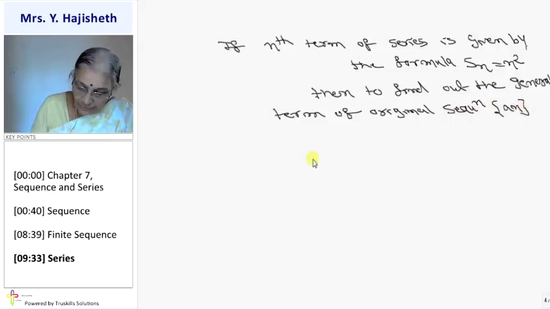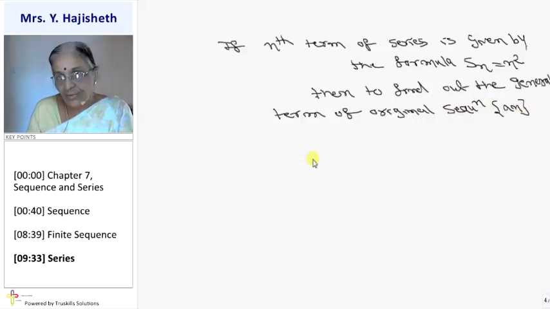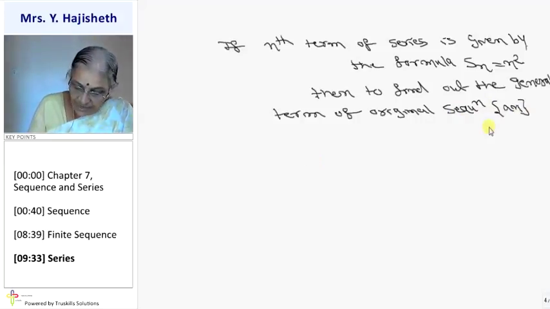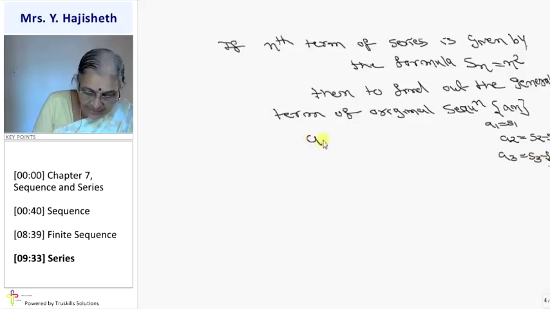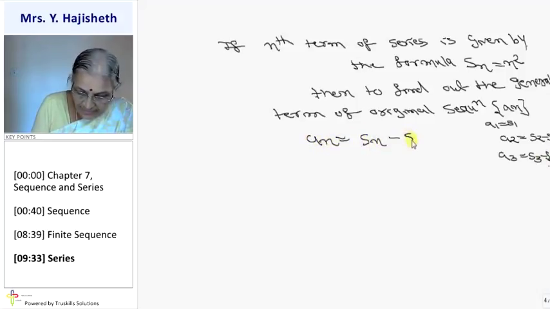Look here, A1 is S1, you know very well. A2 is S2, the sum of two terms, minus S1, the sum of one term. A3 is S3 minus S2, right? So naturally I get An is Sn minus S(n minus 1).